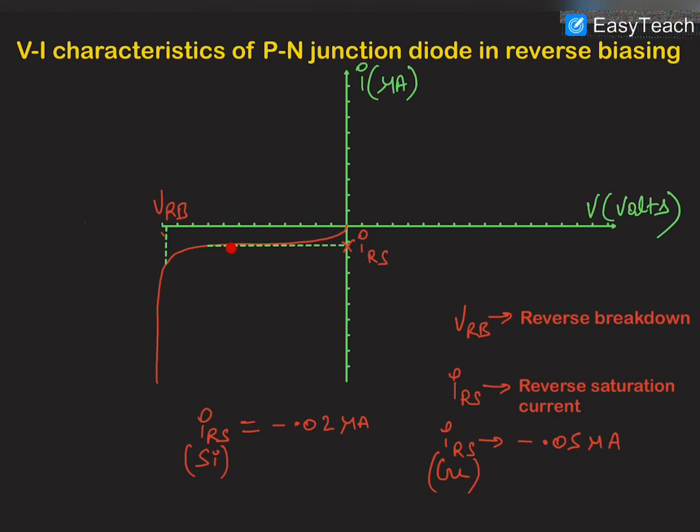But at a point, at a voltage which is called the reverse breakdown voltage, after this voltage the diode breaks down, and due to that reverse breakdown a huge amount of current flows through the diode.